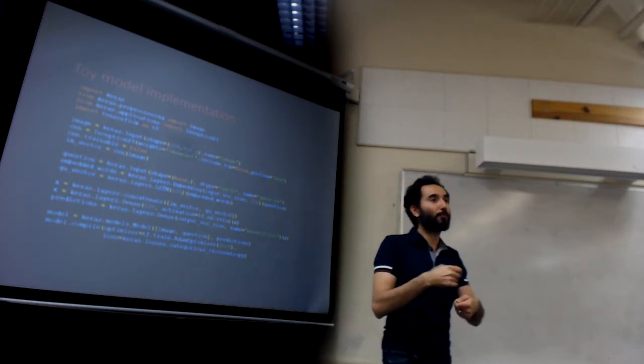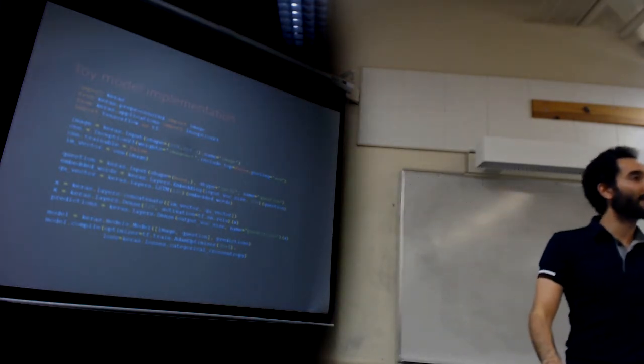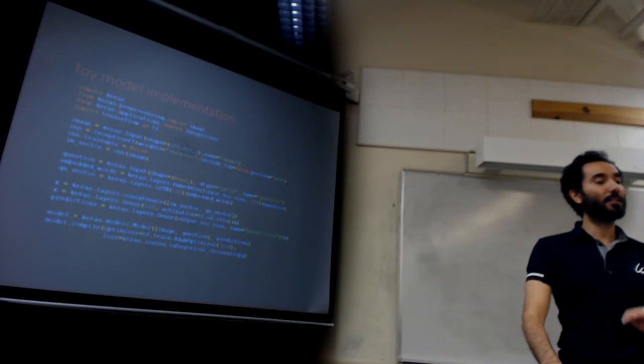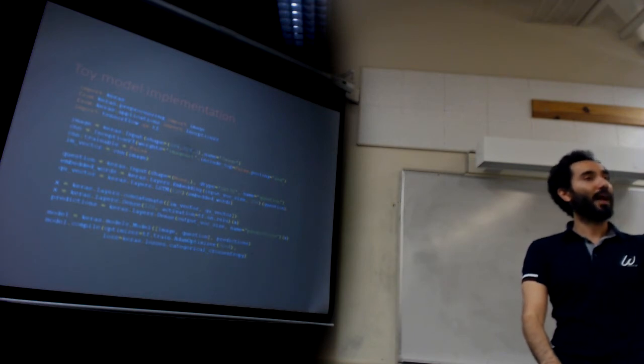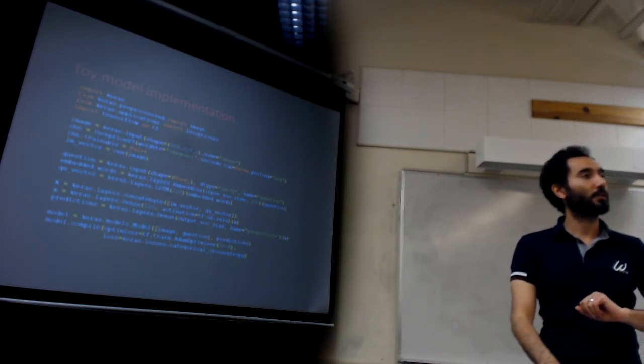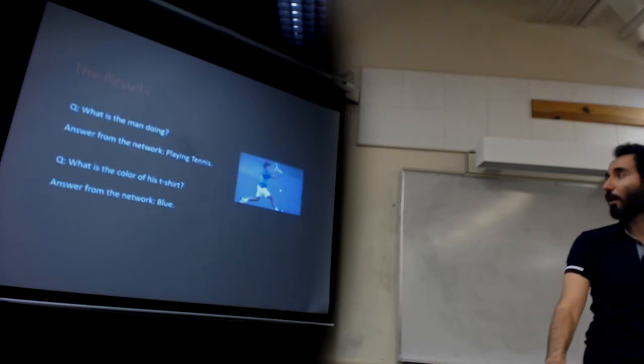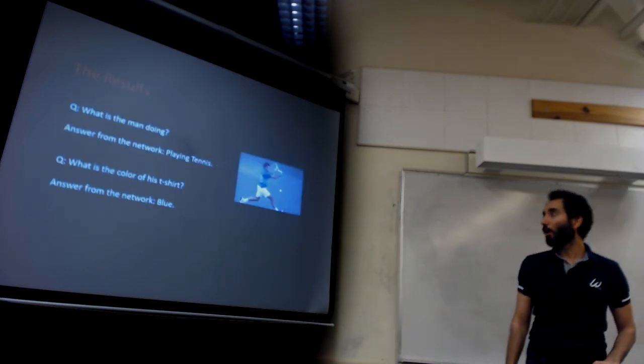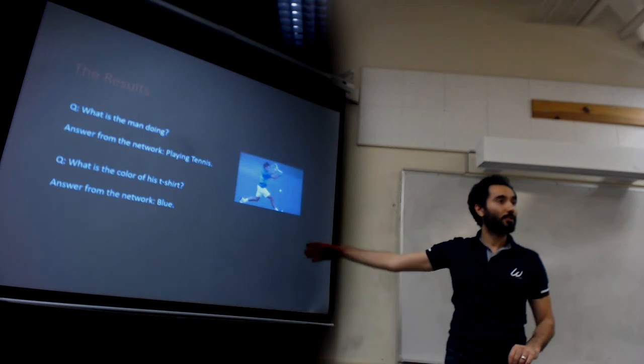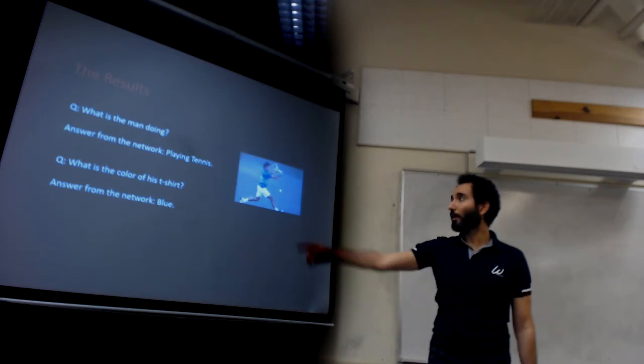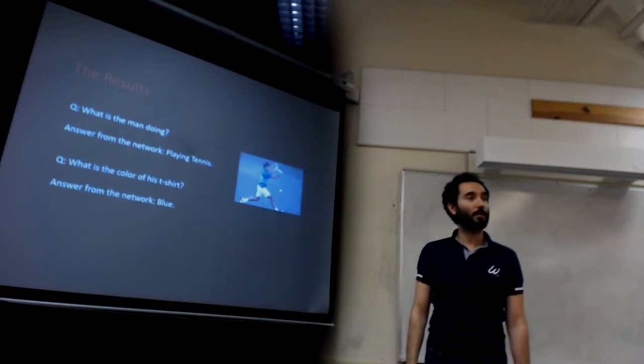After I do that for a big number of examples, then I can give a new example to my model and ask questions of it. So this is going to be the kind of results that I'm getting. I give this image to my model, and I ask, what is the man doing?